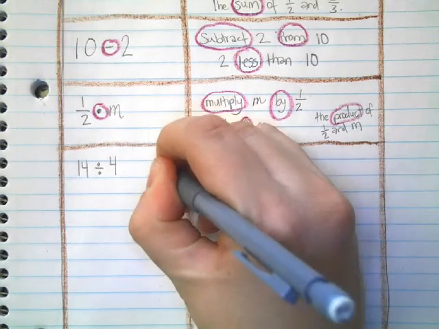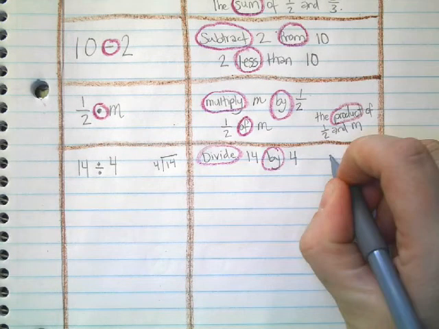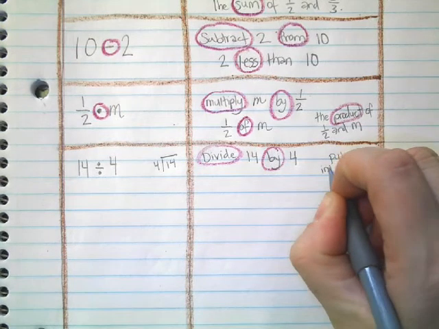14 divided by 4. Remember that this means it would be in the division house. It would look like that, right? So divide 14 by 4. You could say put 14 into groups of 4. That would be another way to say it.